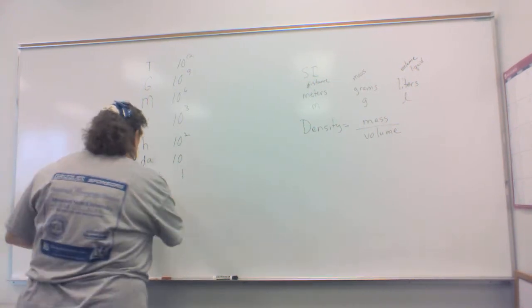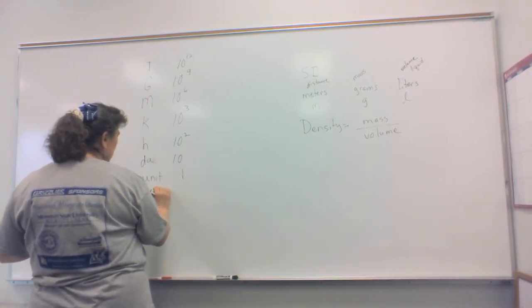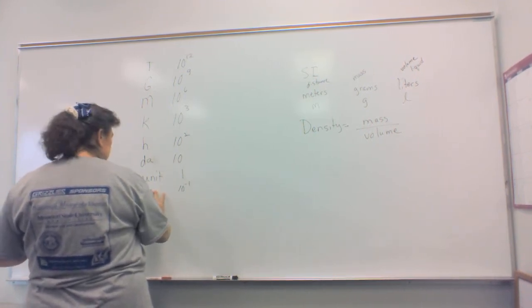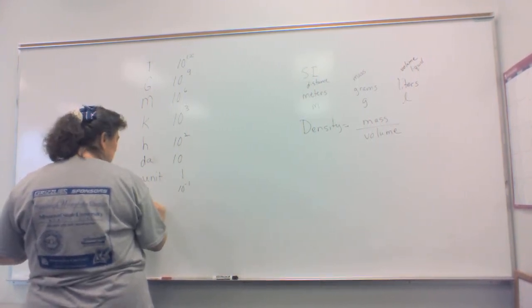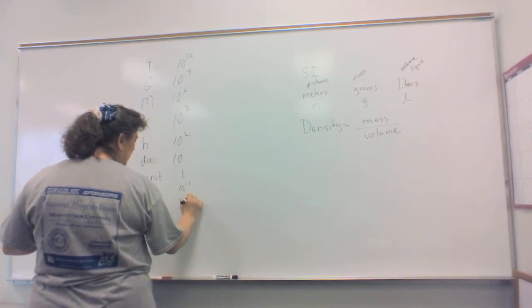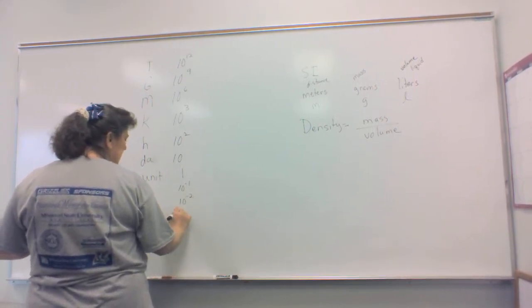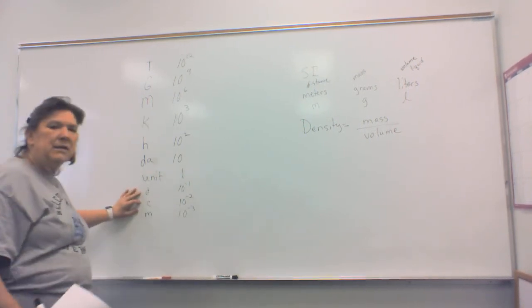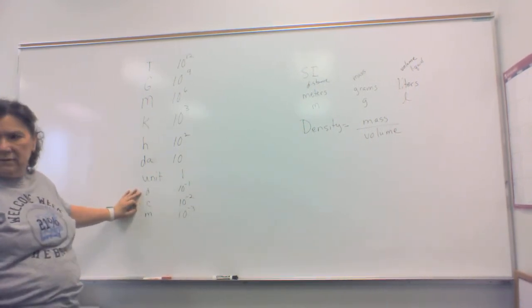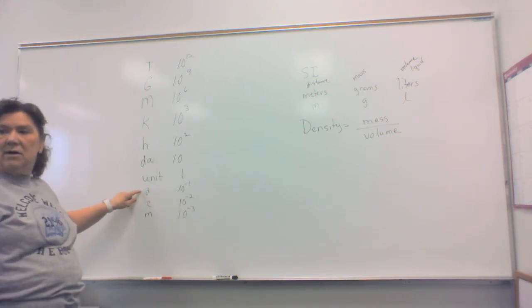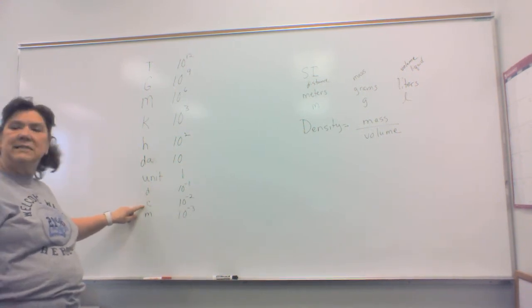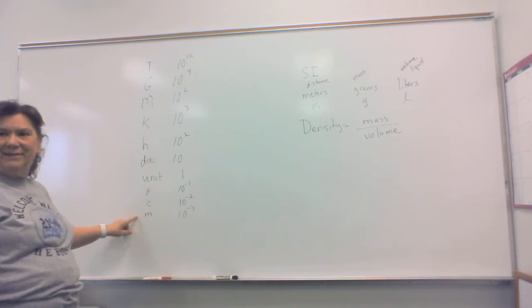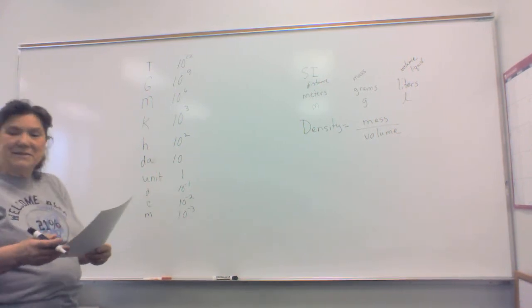So, a deci is 10 to the negative 1, and it's just D. And a centi is 10 to the negative 2, and milli is 10 to the negative 3. Now, if you know anything about Latin, deci is always 10, cent is 100, mil is 1,000. So that, it makes sense.